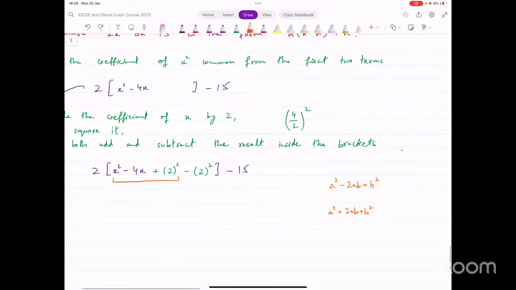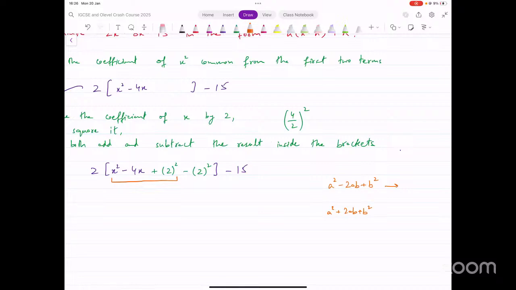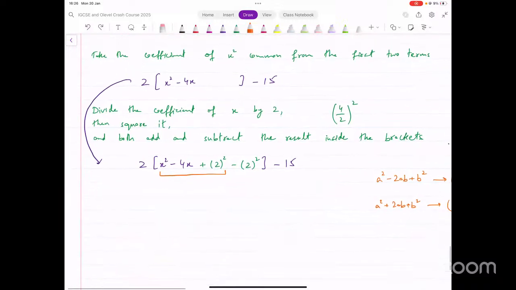And then you can write them in completed square form, because what is a squared minus 2ab plus b squared? That is a minus b whole squared. And what is a squared plus 2ab plus b squared? That is a plus b whole squared. So you basically convert it to one of these two forms. It either becomes this or becomes this. Okay, once you follow this process.